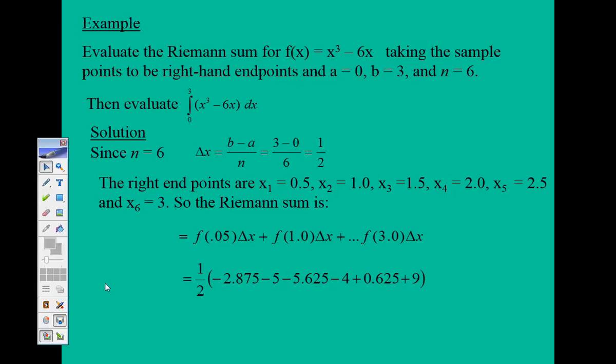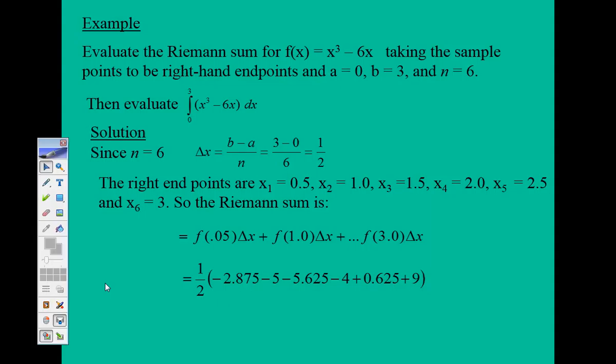Our function is x cubed minus 6x, so we'd plug in 0.5 for all the x's, and then we would find f of 1, plugging into our function x cubed minus 6x, we would get the next value, and so on.